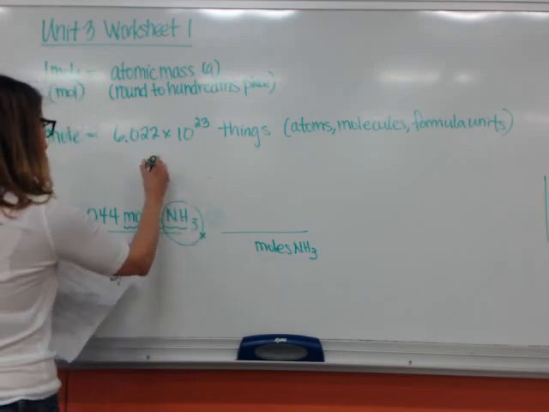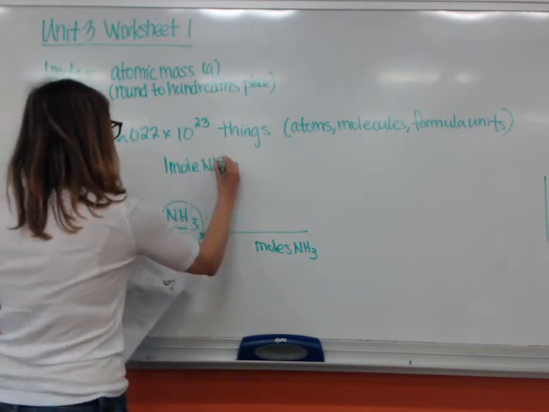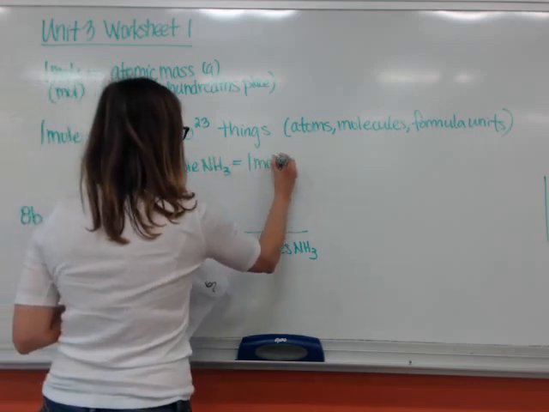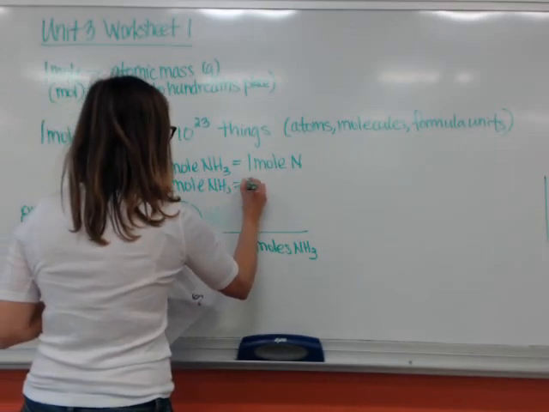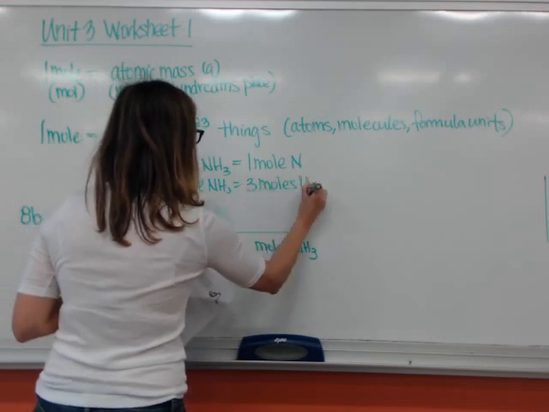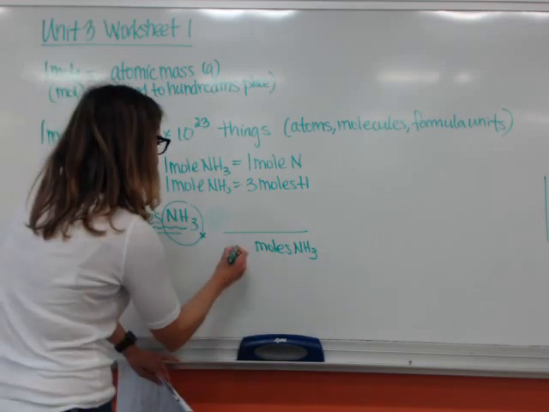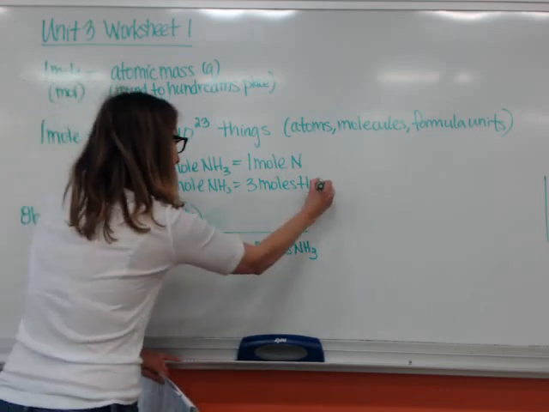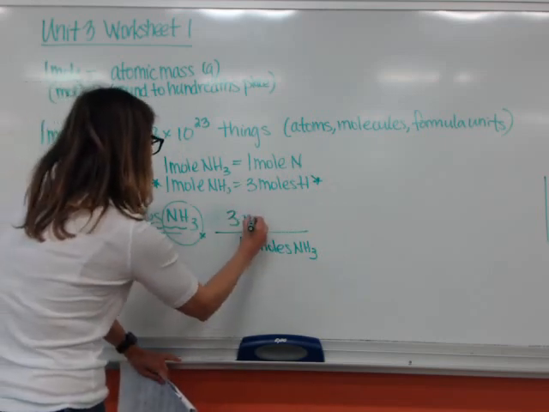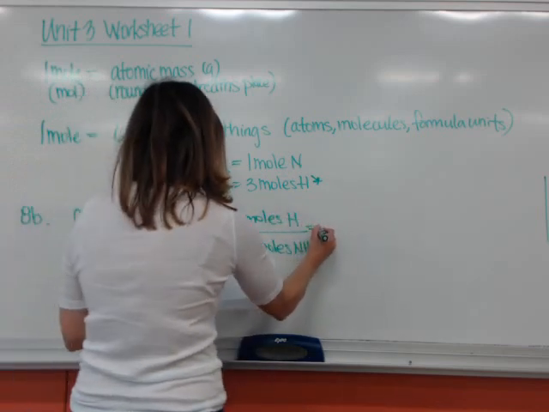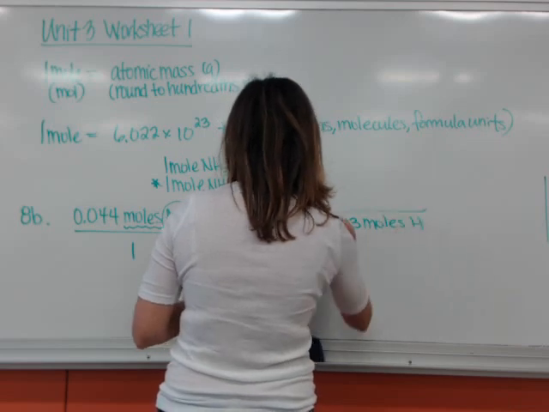So the ratio that you can write for ammonia would be that in 1 mole of ammonia, you have 1 mole of nitrogen, or in 1 mole of ammonia, you have 3 moles of hydrogen. Since they're asking me for moles of hydrogen atoms, you would use this second ratio. So in 1 mole of NH3, I have 3 moles of hydrogen, and this is 0.13 moles of hydrogen.